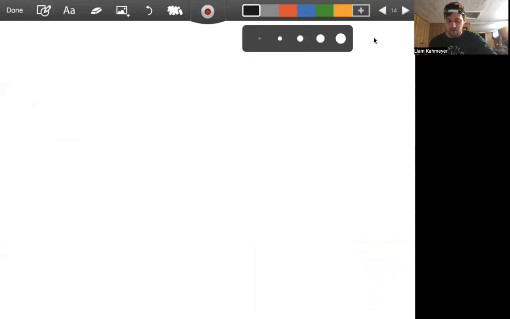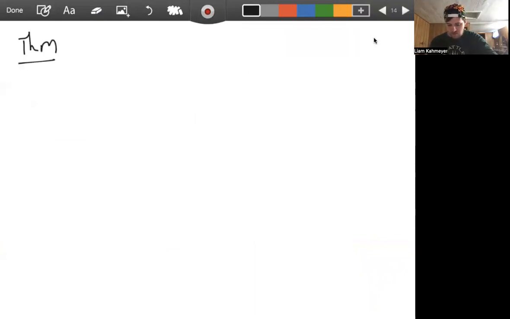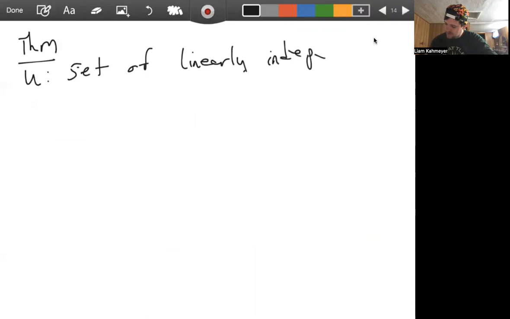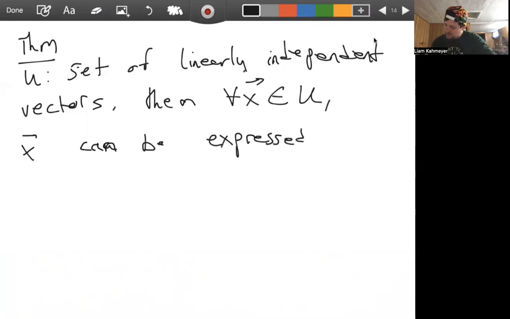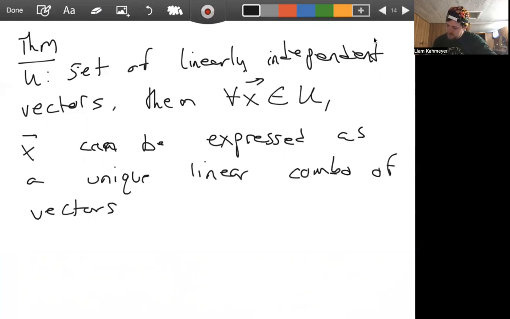Now let's see some theorems or some properties here. If we have that U is a set of linearly independent vectors, then for all x contained in the span of U, x can be expressed as a unique linear combo of vectors in U. And this is important, the unique aspect, right?